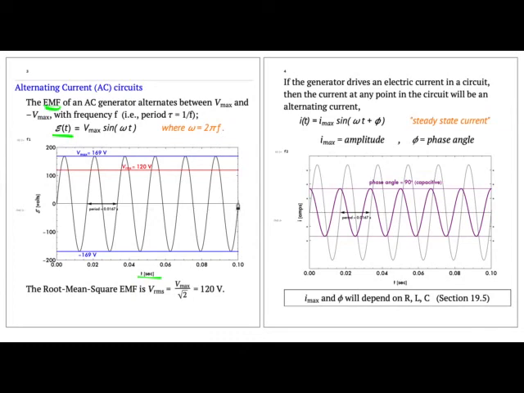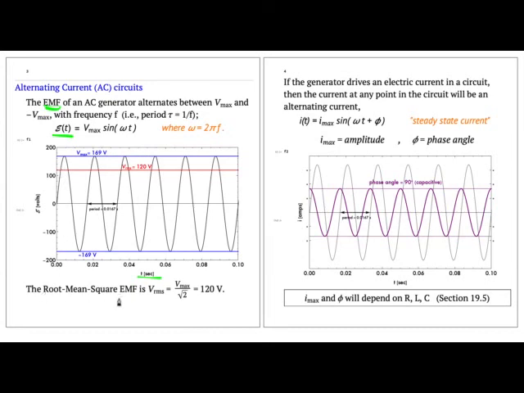Not exactly, but approximately. All right, so the maximum and minimum value of the voltage between the terminals is plus or minus 169 volts. And the root mean square voltage is 120 volts. This red line is the root mean square.